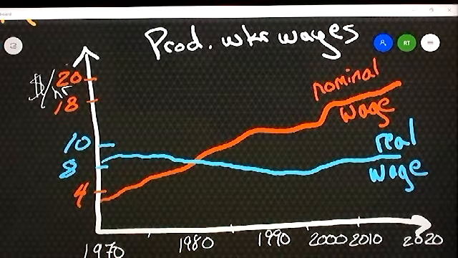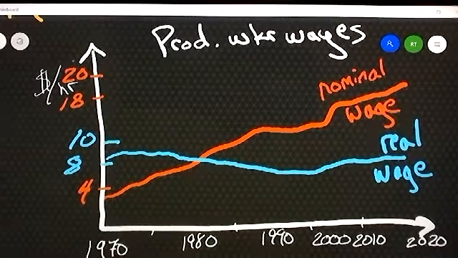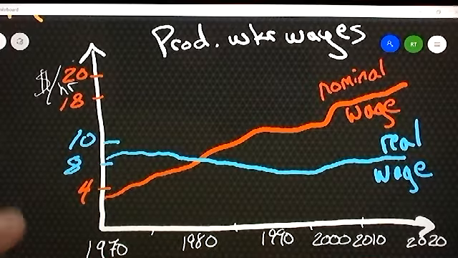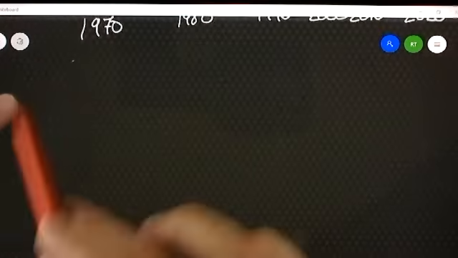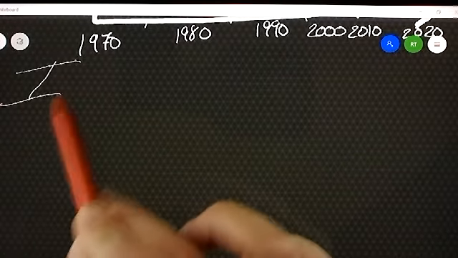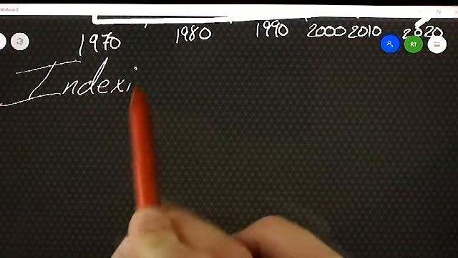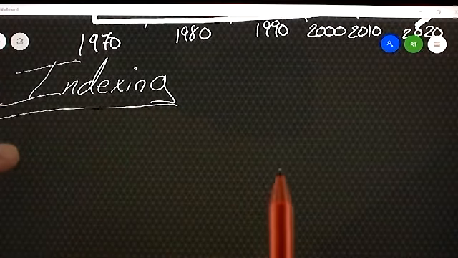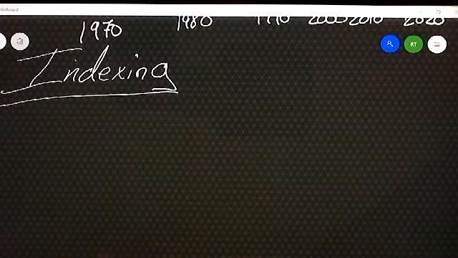Some of the time, you might hear your grandparents talk about this, or if you know anybody in the military or have family in the military, you might know about this, right? There's something called indexing. Indexing, not Windexing. Index. What is this indexing?